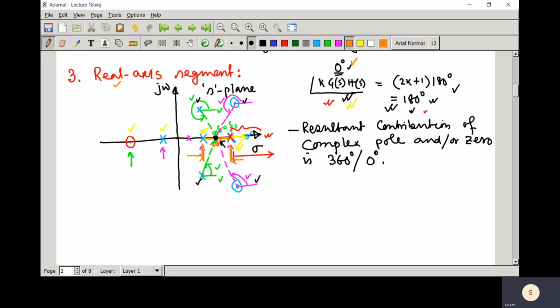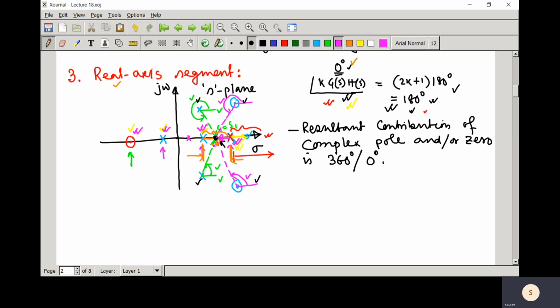Now, if you take any point inside this range, suppose this is that point, then for this particular pole, you have a contribution of 180 degree. For this one you have 0 degree, and for this one this is 0, and for this one this is 0.